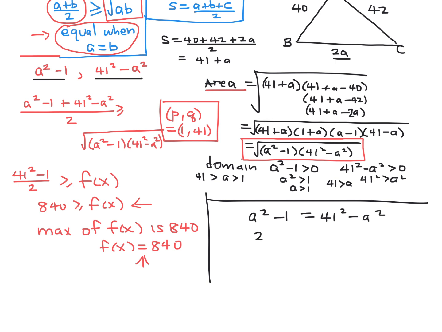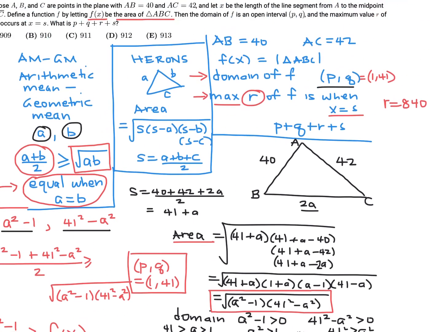So that gives me 2A squared is equal to 841. No, not quite yet. It's 1682, and then when I divide by 2, it becomes 841. And then when I square root it, hopefully it'll give me an integer. It does. A is 29. So when A is 29, that's when we get the max. So that's this part.